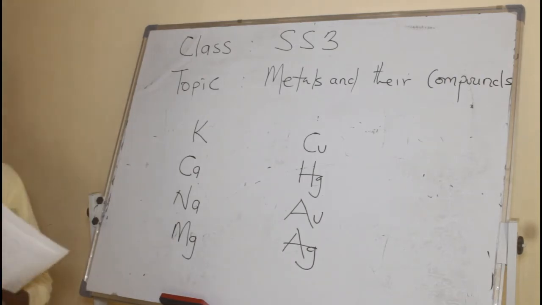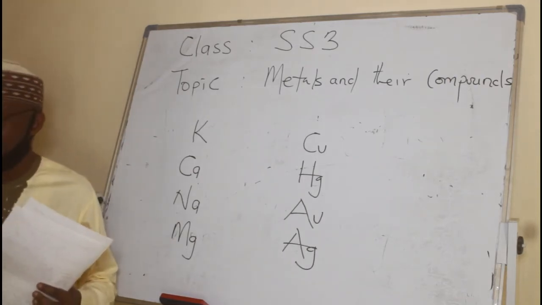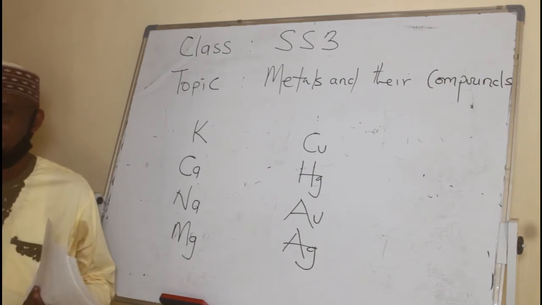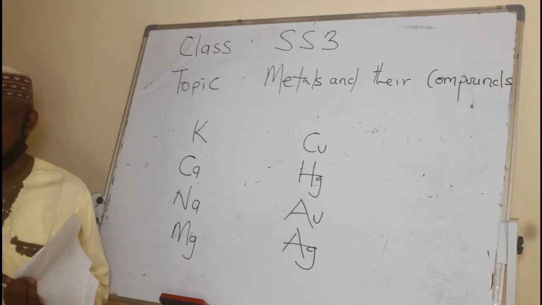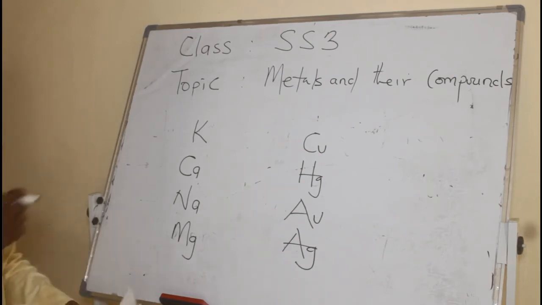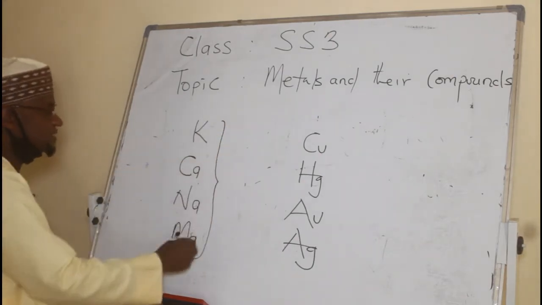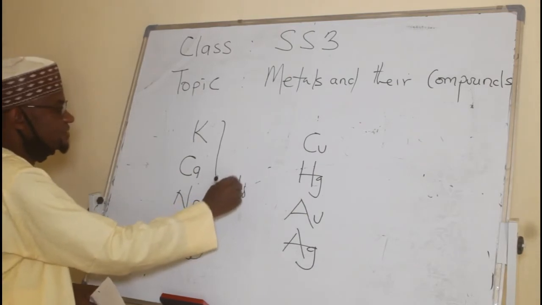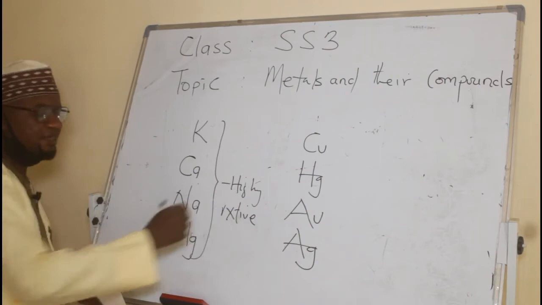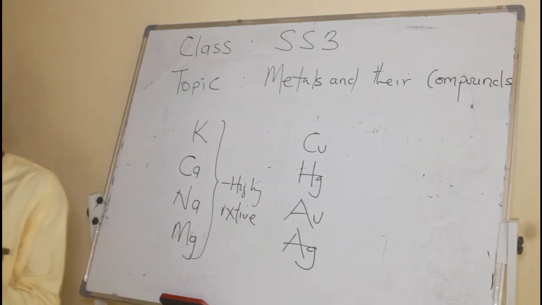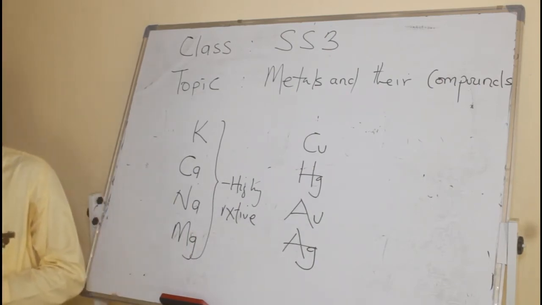So elements that are highly reactive are not found free in nature. They are always in a combined state. Elements like this that are highly reactive are always found in the earth crust in a combined state.